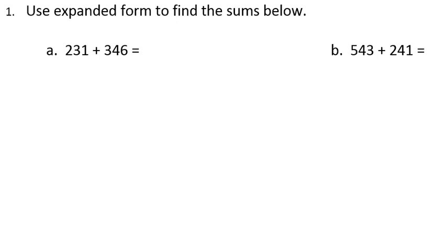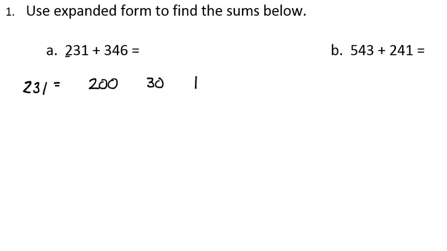If I look at my first problem, I have 231 plus 346. I'm going to write each number in expanded form before I find the sum. So 231 can be written as 200 plus 30 and 1.